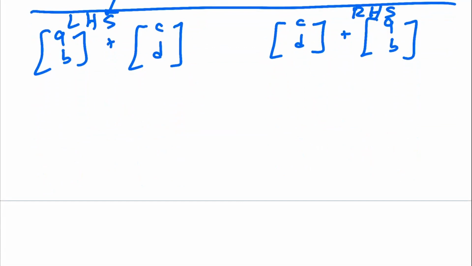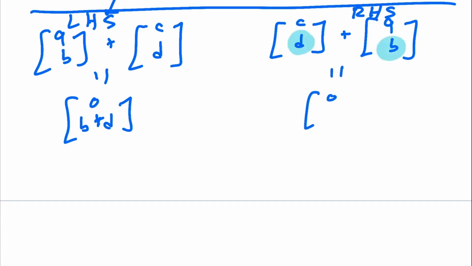So I'm going to go back to my definition for the left-hand side. The definition of the left-hand side is this is equal to 0 and b plus d. And over here, if I look at my definition, again, it's definitely 0 up here. But now I'm adding this thing plus this thing. So I get d plus b.